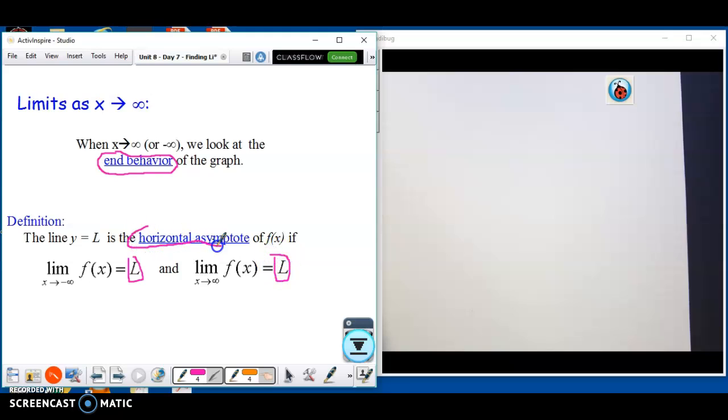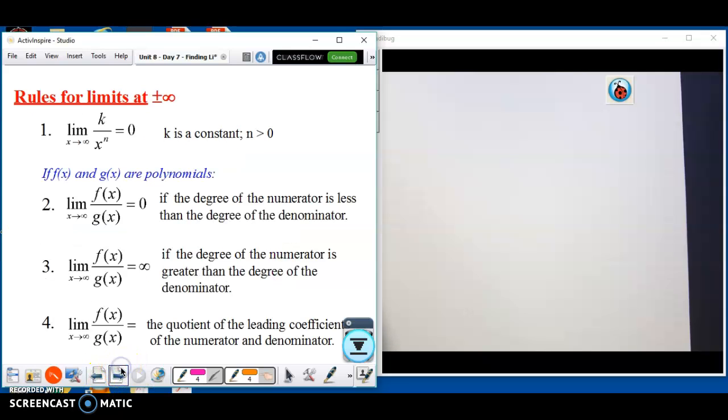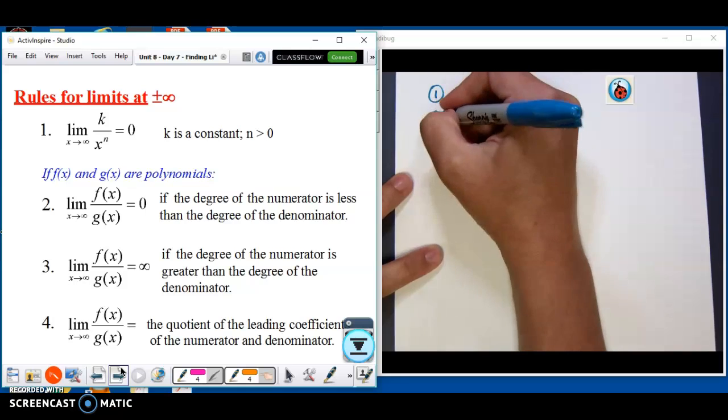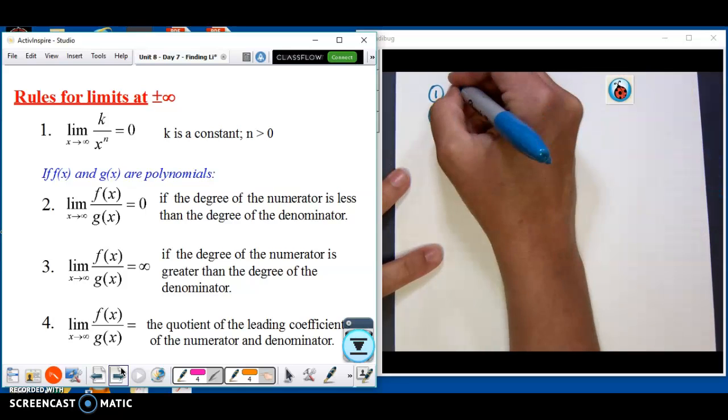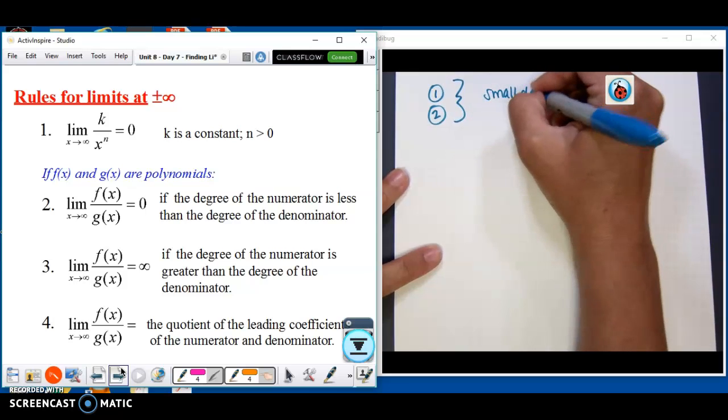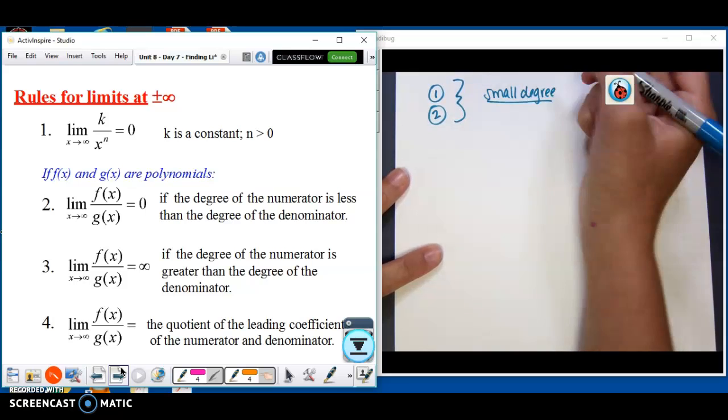Okay, when you're looking at end behavior, remember we're talking about horizontal asymptotes. These are rules that hopefully you remember. I have them written out formally here, but I'm going to write them in a different way. Numbers 1 and 2 mean the same thing: small degree over big degree.